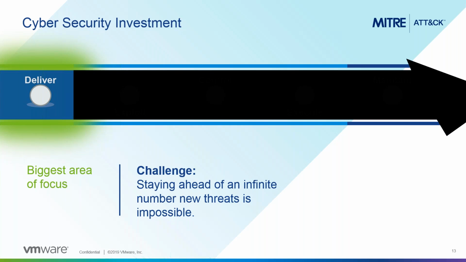We might win a lot of the time, we might win most of the time, but you only need one threat or one attack to slip past these defenses to cause damage. And so trying to beat attackers at their own game is really a losing proposition.